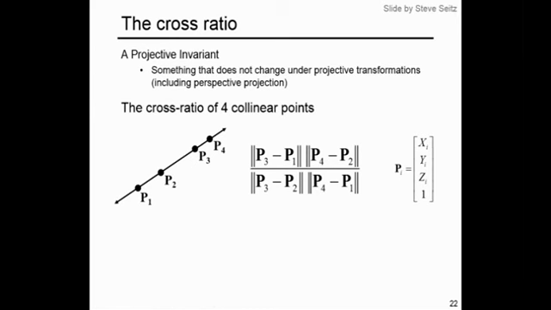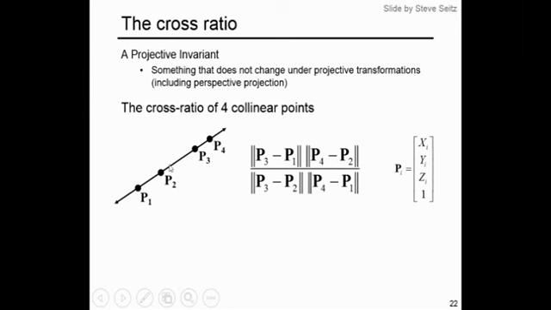What it says is that if I compute the distance to these 2 points, P1 and P2, from these other 2 points, P3 and P4, the ratio of the distance between P3 and P1 over the distance between P3 and P4, times the inverse ratio, the distance of P4 to P2 over P4 to P1, is always constant.